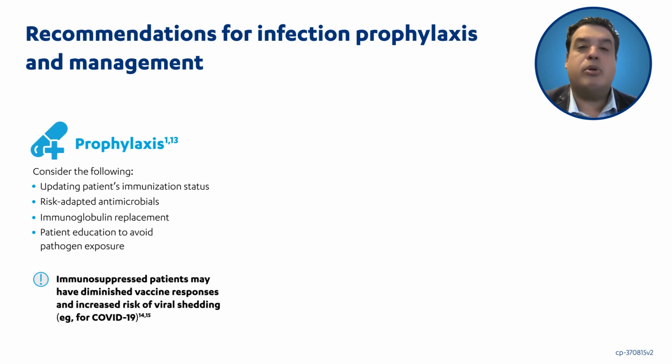Of note, immunosuppressed patients may have diminished vaccine responses and increased risk of viral shedding, for example in COVID-19. Additionally, the recommendation to use monoclonal antibodies in the treatment of COVID-19 may change as new variants and vaccine treatments emerge.